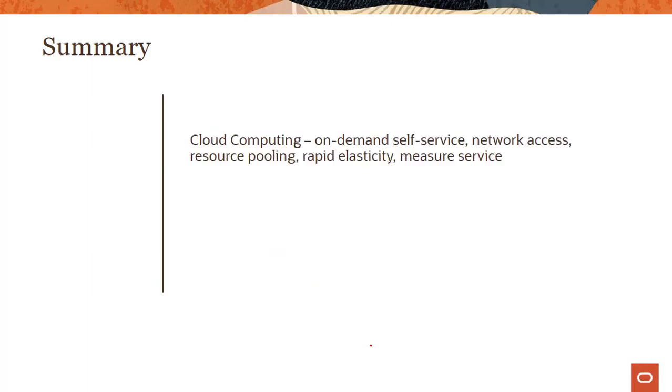All right, so we covered a lot of ground in this lecture. Let's just recap some of the core concepts we learned. Cloud computing, we talked about the different characteristics: self-service, available through network, ability to pool resources, provide rapid elasticity, and ability to measure what you are using. Service models, we looked into infrastructure as a service, platform as a service, software as a service, and we looked at specific examples.